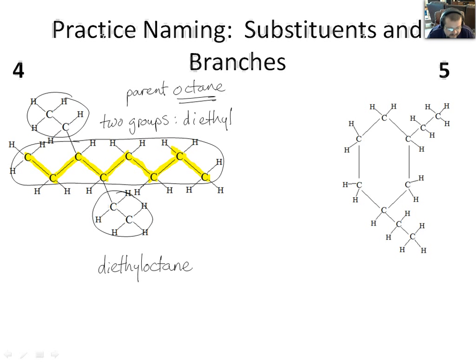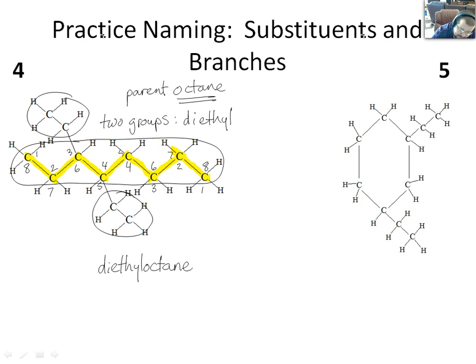What's the very last thing we need to do? We've got our parent chain, we've got our substituents, and they're all put together in a name. The last thing we're missing is position numbers. Now going left to right, I could go 1, 2, 3, 4, 5, 6, 7, 8. Or going right to left, I could go 1, 2, 3, 4, 5, 6, 7, 8.